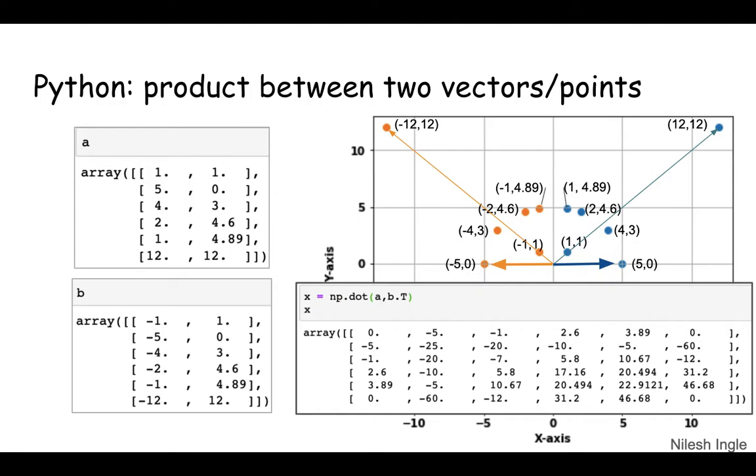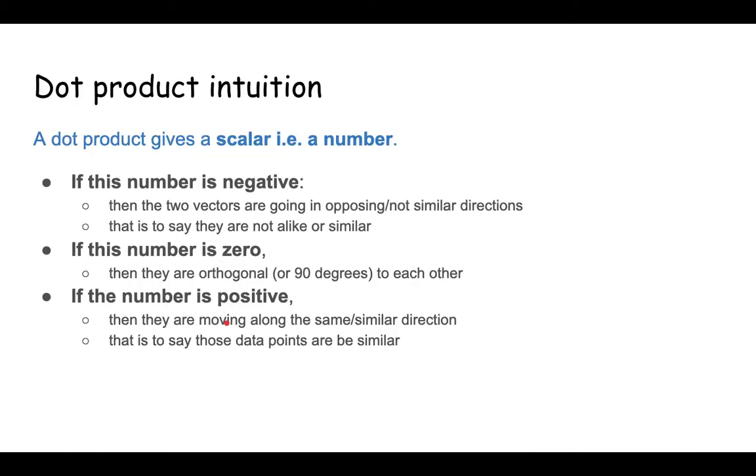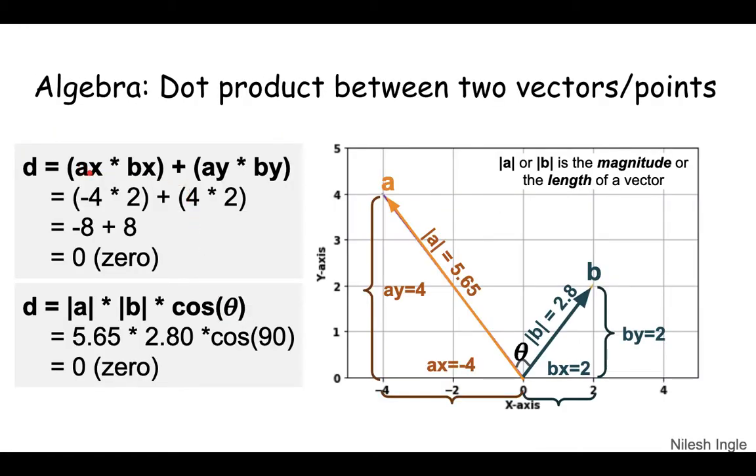To do a dot product, we use the NumPy library, and the notation is np.dot open parenthesis A comma B.T. The reason why transpose is there is that to calculate the dot product we have to multiply this one with this one, and then we have to multiply this one with this one. As we saw in this formula earlier, we are multiplying ax with bx and ay with by.